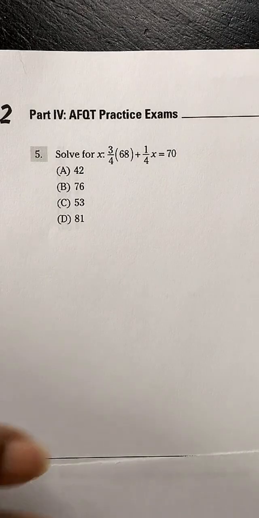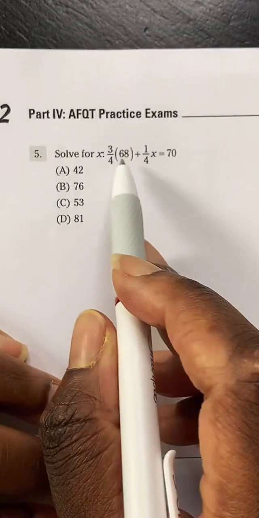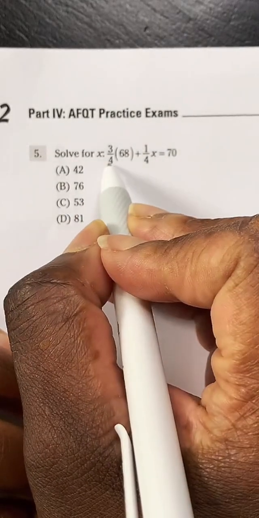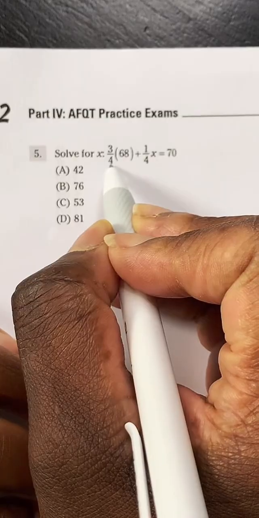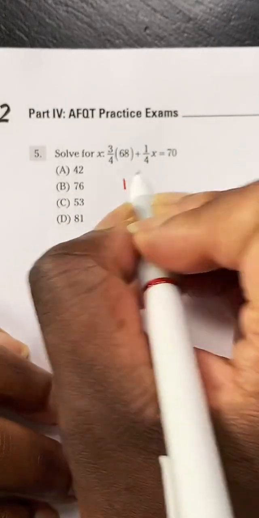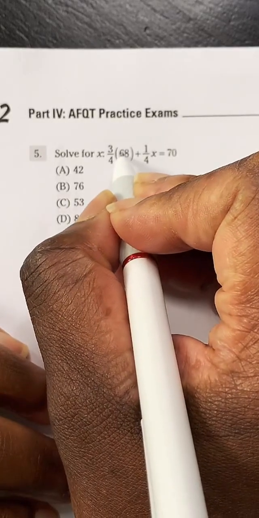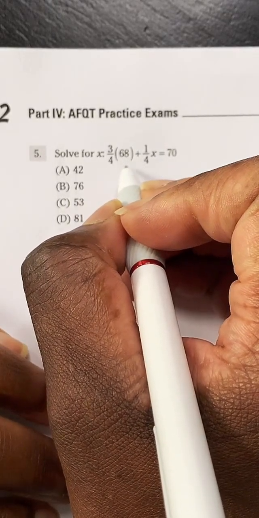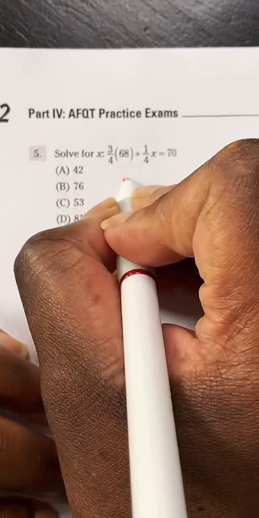All right, so first off, we need to know what 3/4 of 68 is. So if I divide 68 by 4, how many 4s can go into 6? I got 1, which will give me 4. So 6 minus 4 gives me 2. Bring down the 8, got 28. How many 4s can go into 28? There's 7.